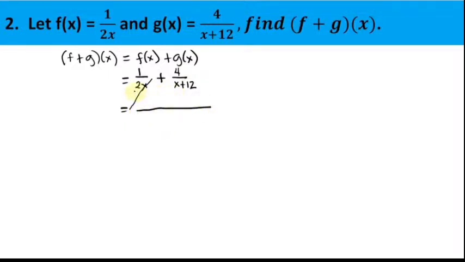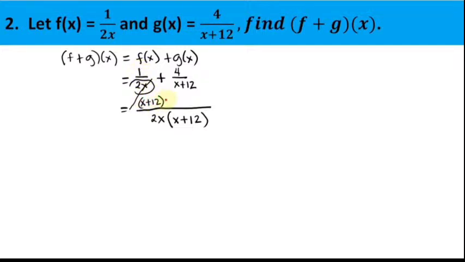So ang denominator natin is 2x times x plus 12. Okay? Then 2x times x plus 12, i-divide mo yan sa 2x. So 2x ma-eliminate. So the remaining value is x plus 12 times 1.